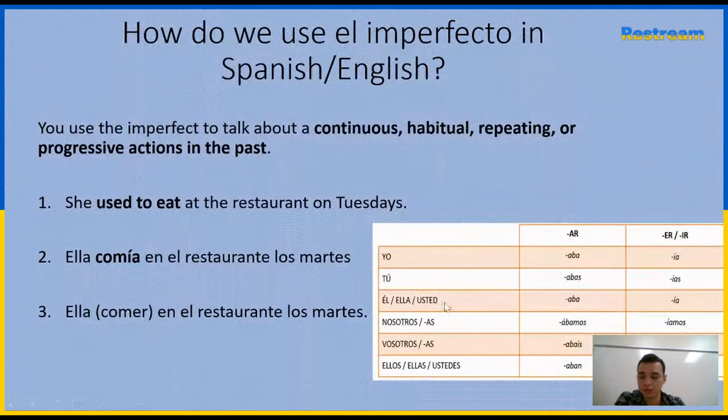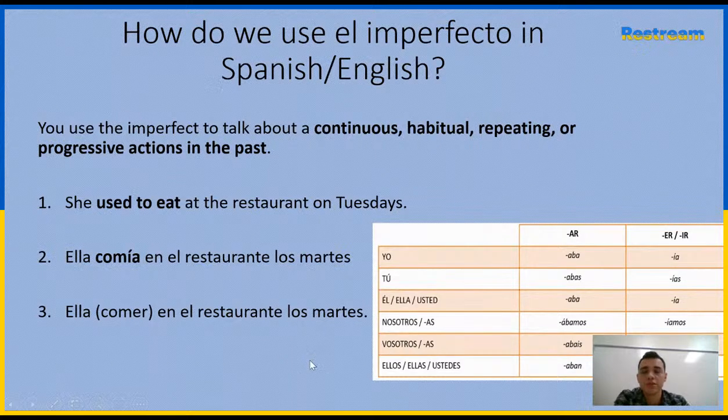If you look at the chart to our right, it provides all the verb endings that we use when we conjugate a verb in Spanish with el imperfecto. If the verb ends with the letters ar, you're going to use aba, abas, aba, ábamos, abais, and aban. And if the verb ends with er or ir, you're going to use ía, ías, ía, íamos, íais, or ían. So they all change depending on the person that you're talking about in the sentence.